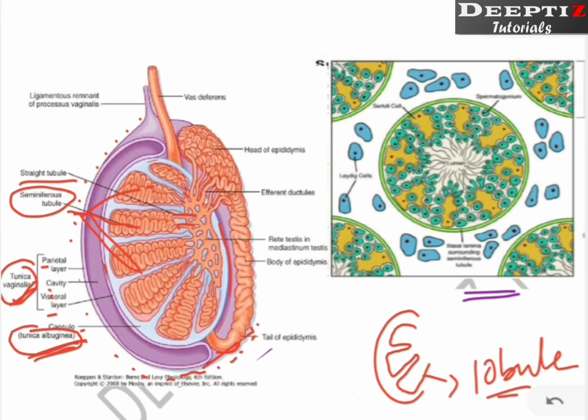We have discussed up to here of the diagram, right? There is the outer layer tunica vaginalis, and the inner layer called tunica albuginea. This divides the inner space of the testis into a number of compartments. Each compartment consists of a tubular structure called seminiferous tubule.